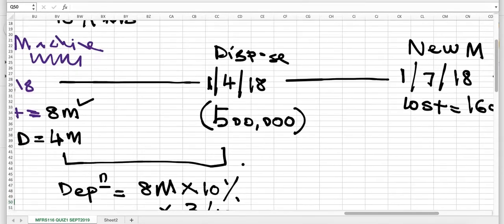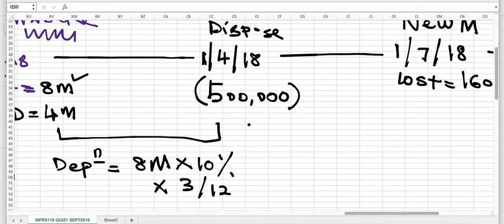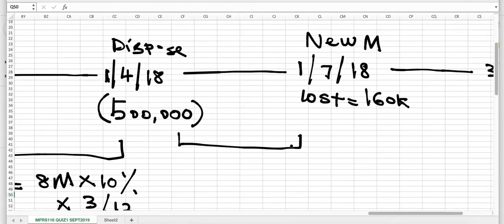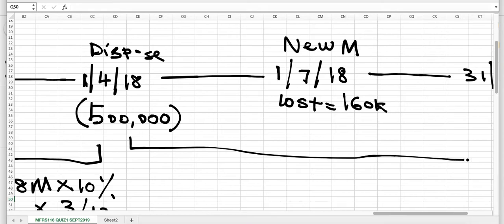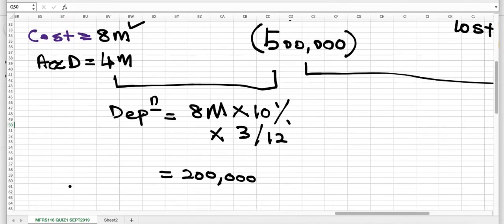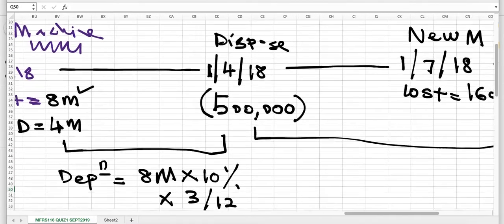Okay, on 1st April you dispose 500. Therefore, during this period you only have, okay, starting on 1st April up to this point, originally it is 8 million. Okay, 8 million, but you dispose 500.